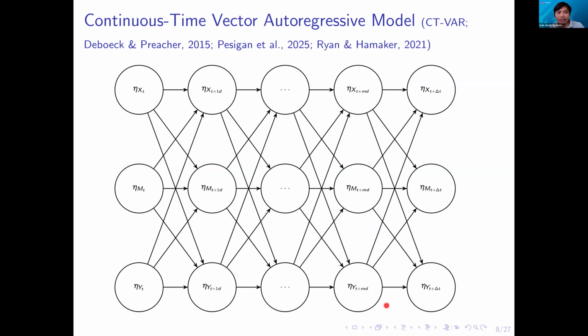Sy-Miin and Jonathan talked about continuous time vector autoregressive models. The idea is that even if we're not measuring the variables of interest, we can think about latent variables in between our measurements that continue to unfold over time, independent of the measurement intervals that we're using in our particular study.